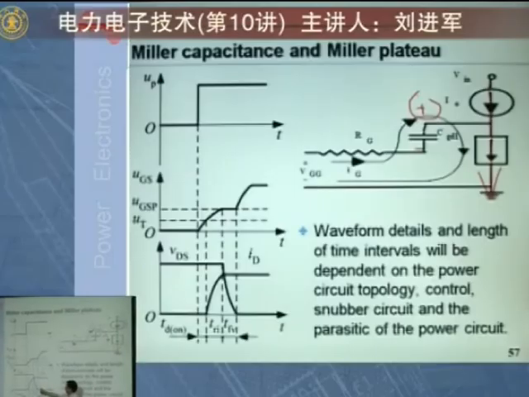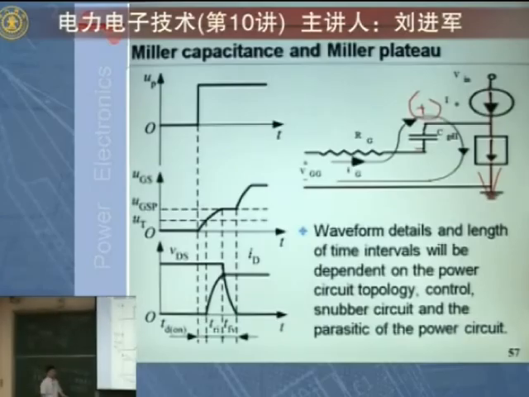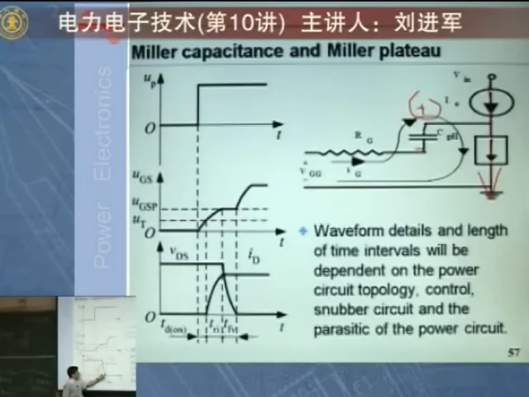That is Miller capacitance. Because of this Miller capacitance, you can see this plateau. While the Miller capacitance is discharging energy, its voltage is decreasing. At the same time, the voltage between gate and source is maintained almost constant.